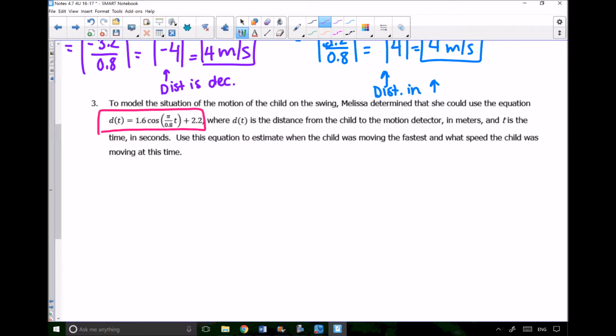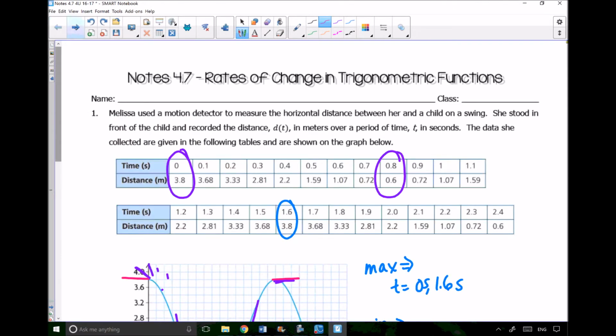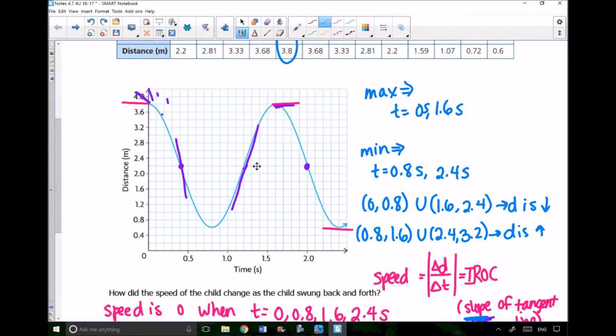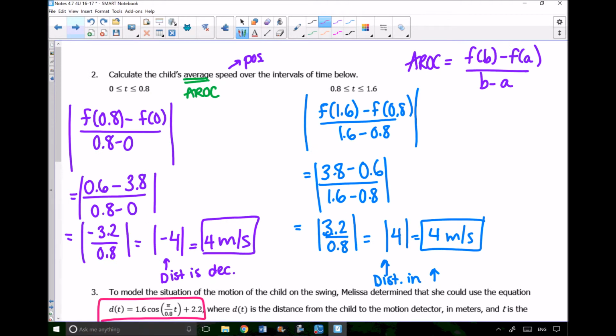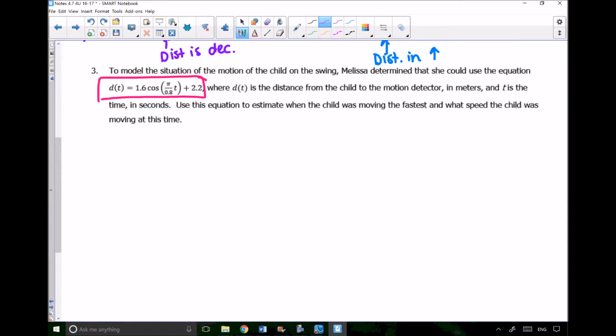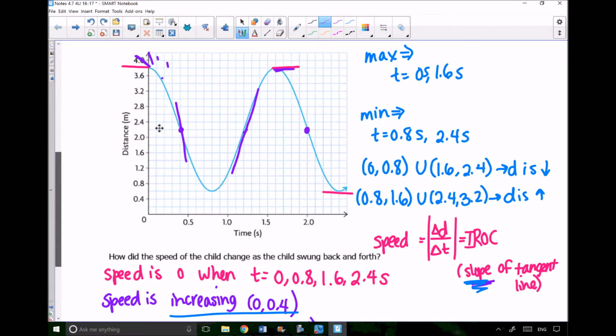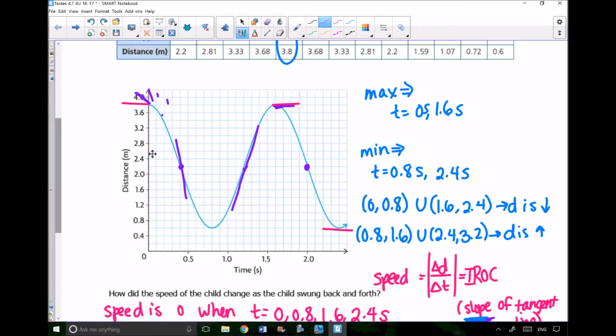The first thing we want to notice is that we have 1.6 as our amplitude. Does 1.6 seem to make sense for my amplitude? Actually, let's take a look at the 2.2 first. I know that my axis is going to be 2.2. So when I look at my graph over here, if I go to 2.2 on my graph, sorry, I don't know why it keeps doing that.